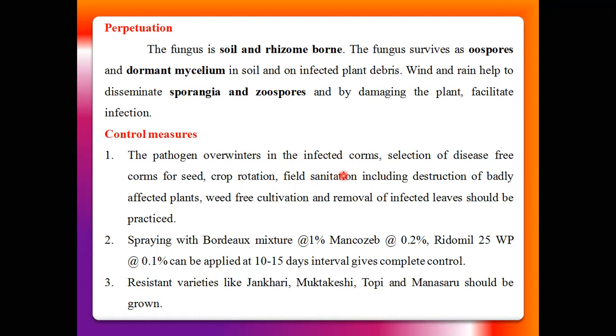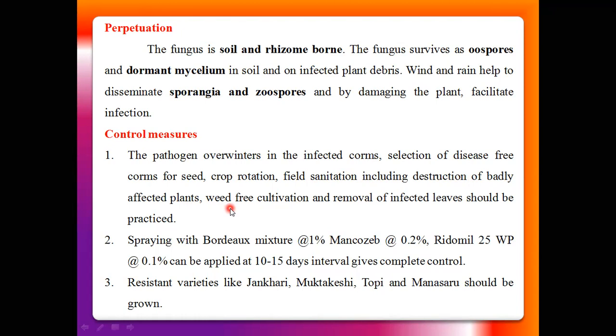Then crop rotation, because the oospores are present in the soil for several years. Crop rotation should be done with a non-host crop. Then field sanitation, including the destruction of the affected plant parts.